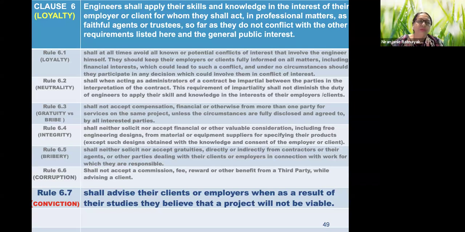Just because he is paying you money and it's his money and not mine, you might get paid, but that's not the deciding factor. Your conscience has to be clear that what you're advising on is actually viable for the client.